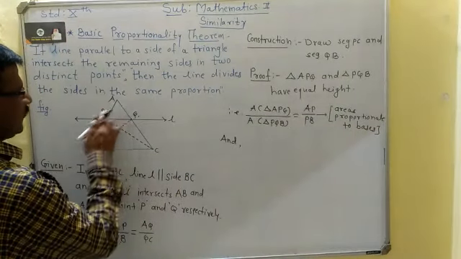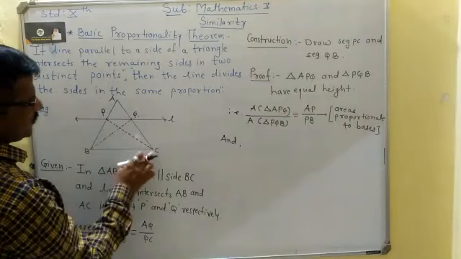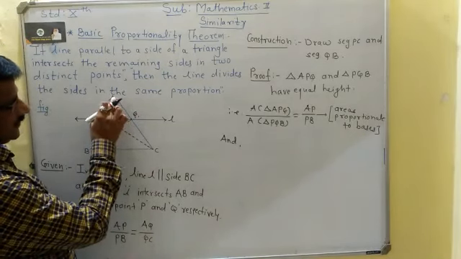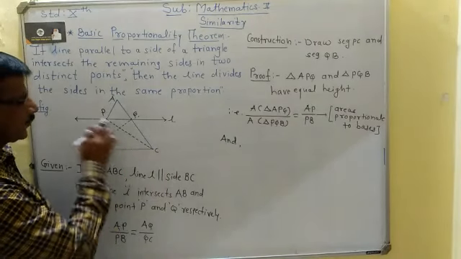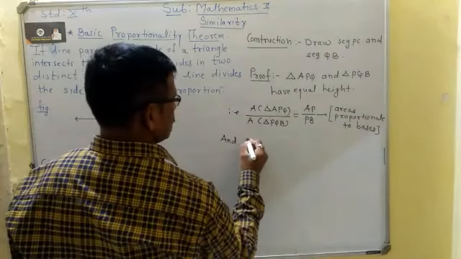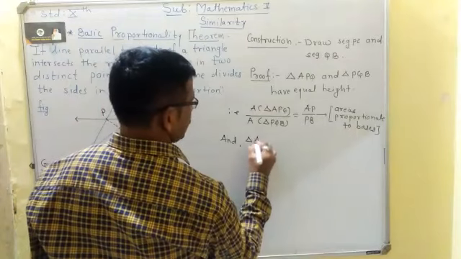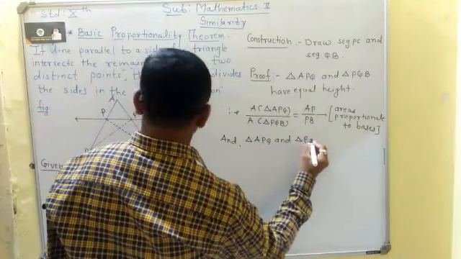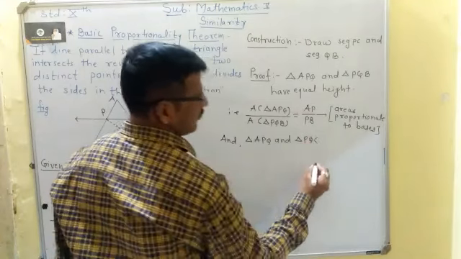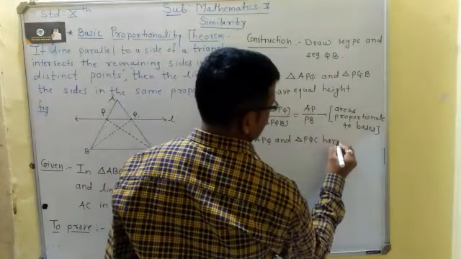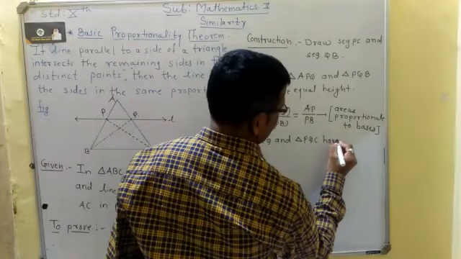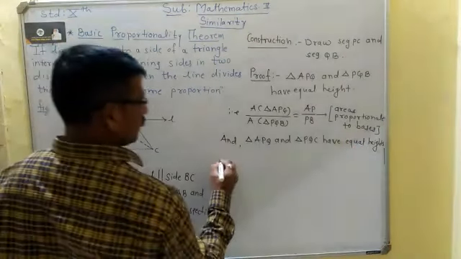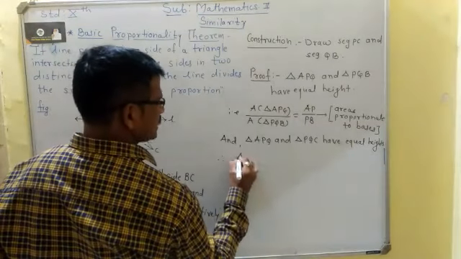Similarly, triangle APQ and triangle PQC have the same height because the base is linear and one vertex is common. Therefore the ratio depends upon their bases.